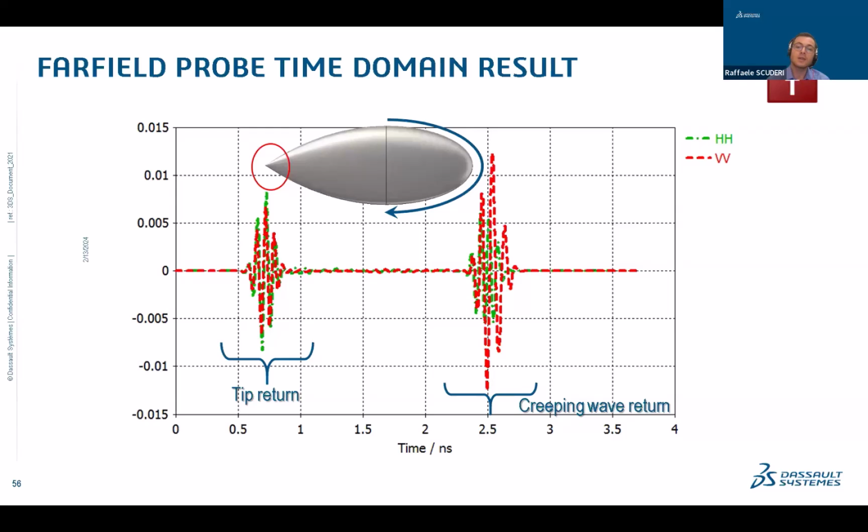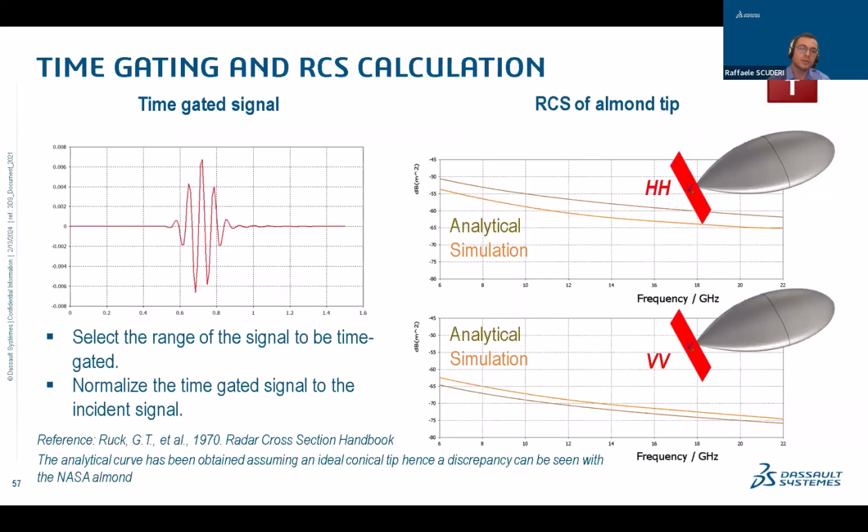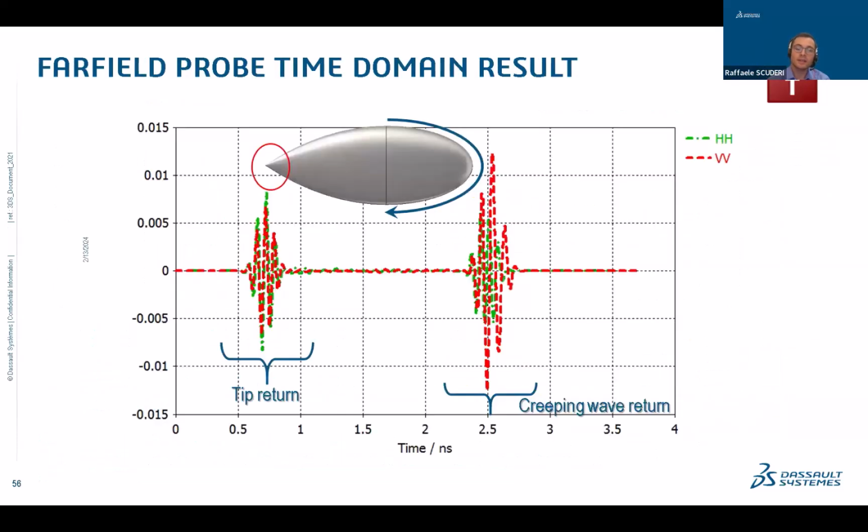But very nicely, you can do what we call time gating. So you can really observe the time domain signal, which is, time and space in RCS are basically the same thing, because delay means space, means range, means possibility to highlight the main scatterers on the target. And that's exactly what we're doing here with the NASA Almond. I have time gated the signal coming from the creeping wave here from the back of the NASA Almond.